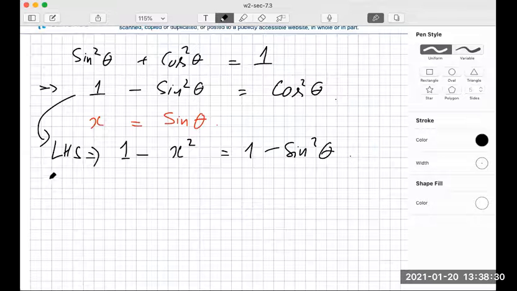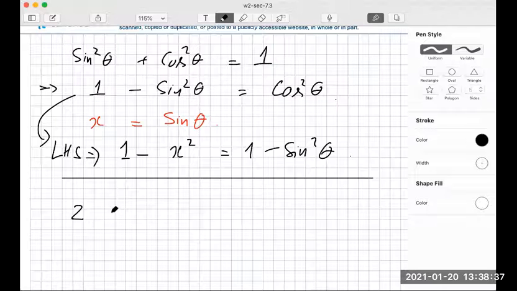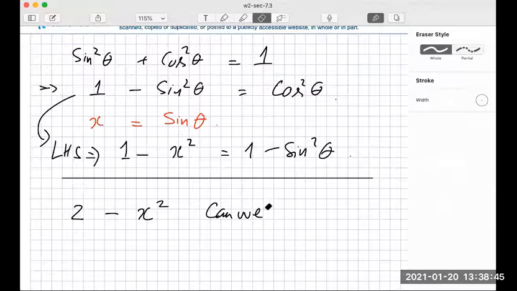How about we are given 2 minus x squared. Can we write this in terms of sine theta and cosine theta?